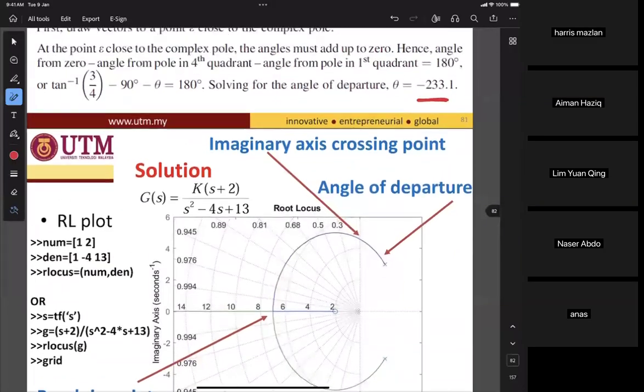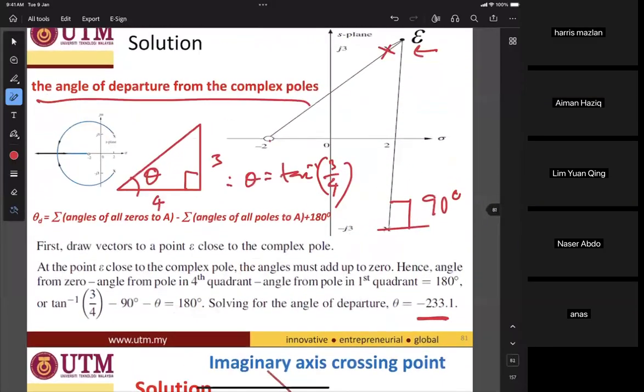So, for this page 81, right? I don't understand, because in the red note the formula is actually theta of the variable equals angle of all zeros to A minus angles of all poles to A plus 180, right? But when going down, the explanation, how is it the same as the red formula?